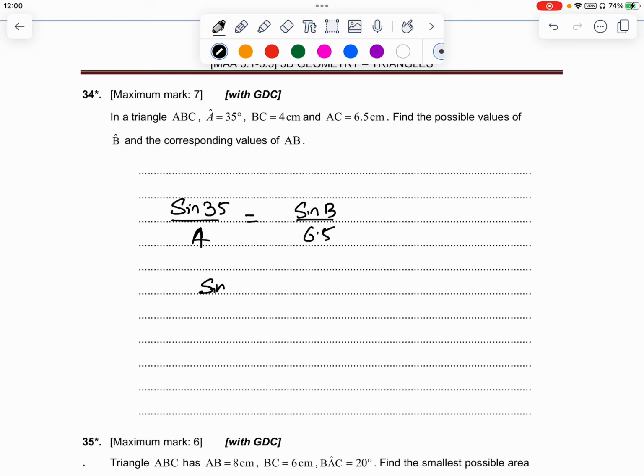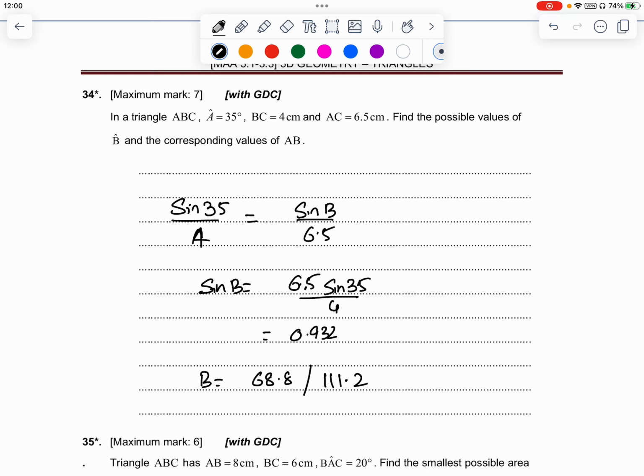So from here, sine B equals to 6.5 times sine 35 divided by 4. So that's going to be 0.932. This gives me B value as 68.8 degrees, or 111.2.